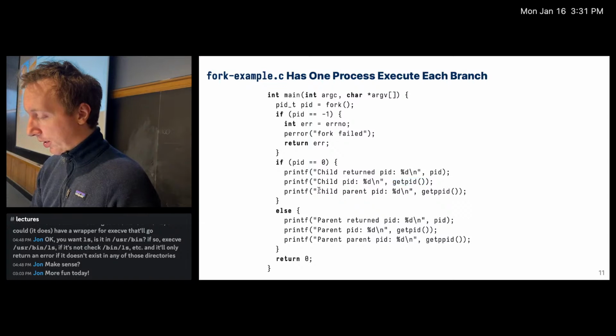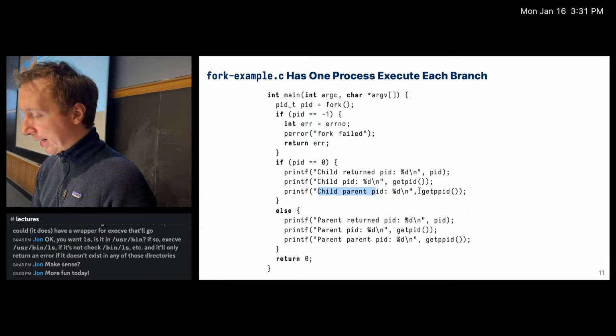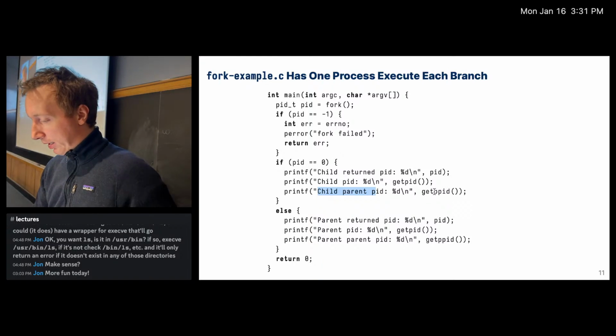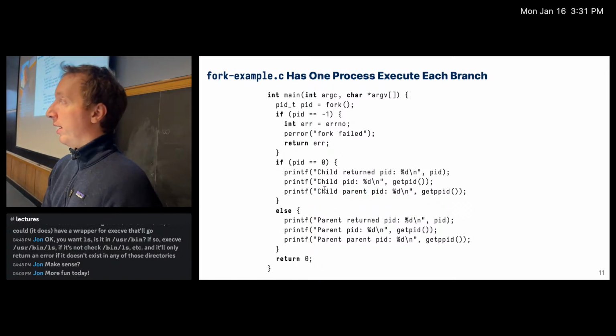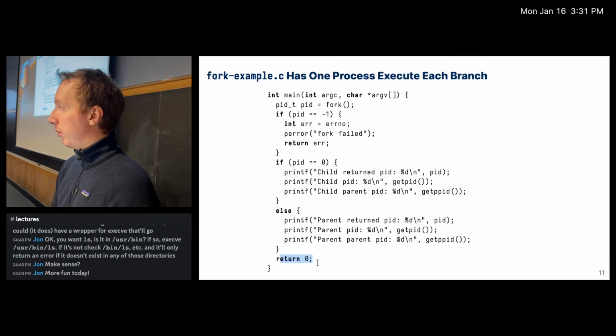You can also check the child's parent ID independently through another system call, getppid, the parent process ID. Then in the child, it would be done with this if statement, fall through to the end of it, and return 0, which would call exit and end that process.